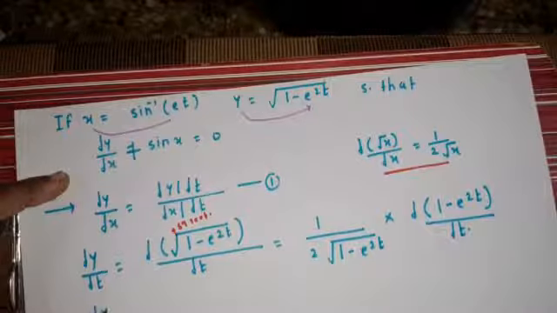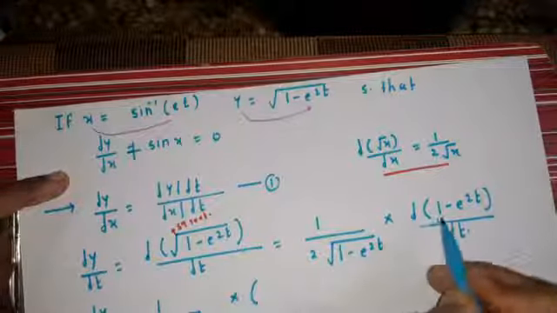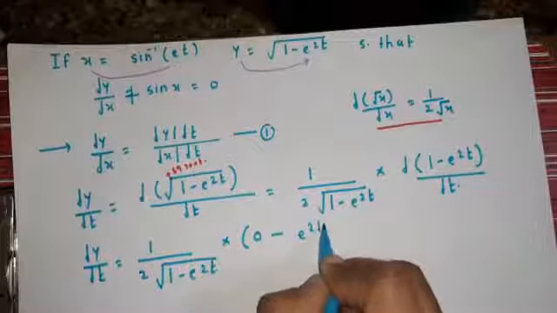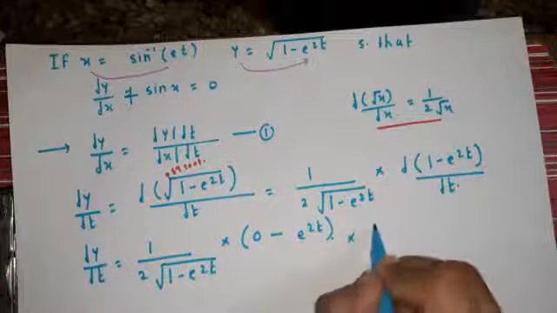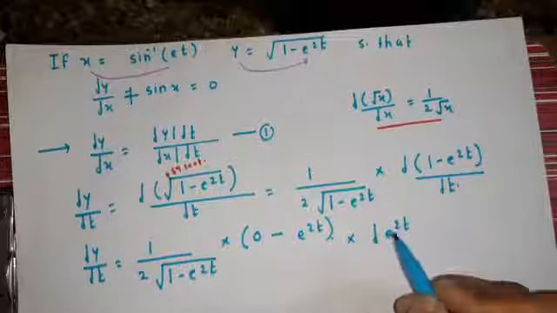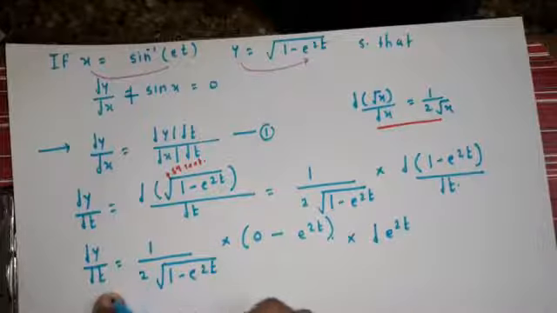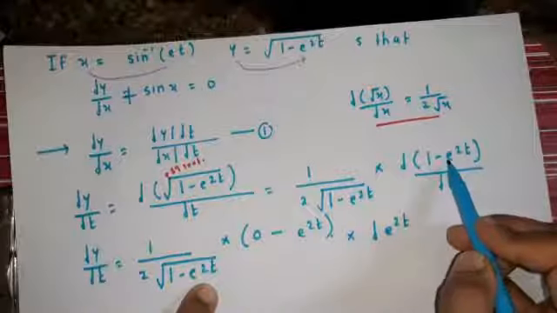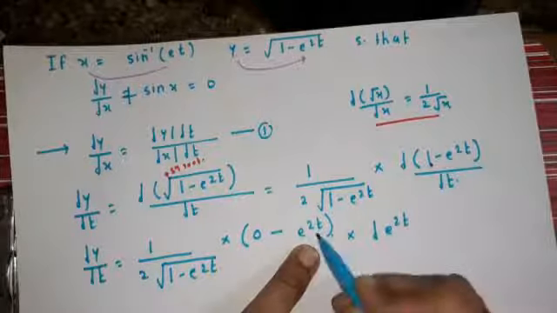And therefore dy by dt equals 1 upon 2 square root of 1 minus e raised to 2t, into differentiation of 1, which is 0, minus differentiation of e raised to 2t, which is e raised to 2t.